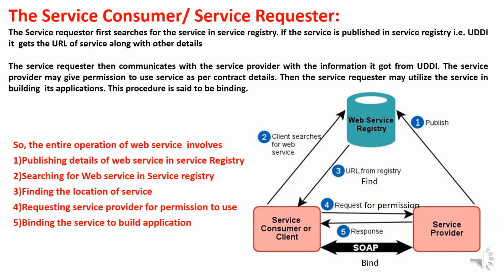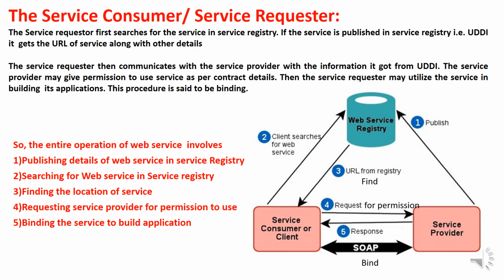Service consumer or service requester. The service requester first searches for the service in service registry. If the service is published in service registry, it gets the URL of the service along with other details.